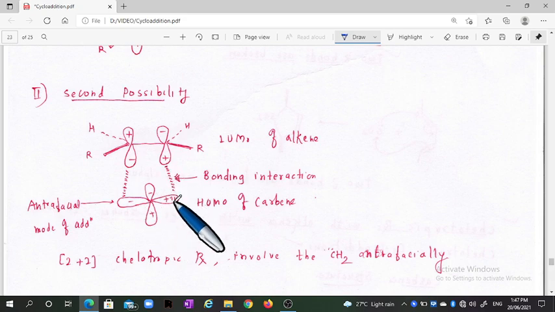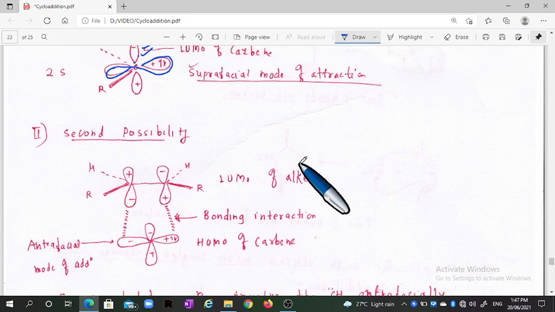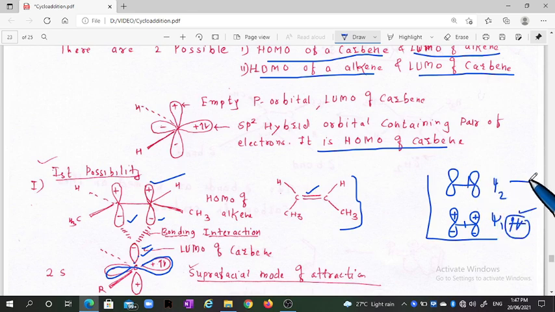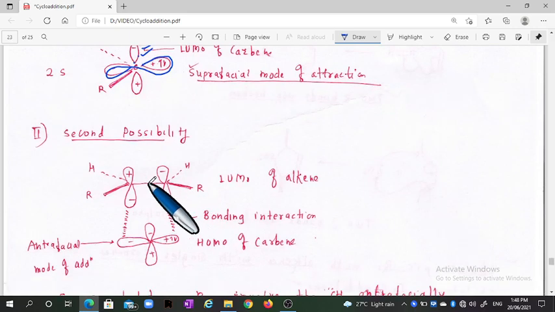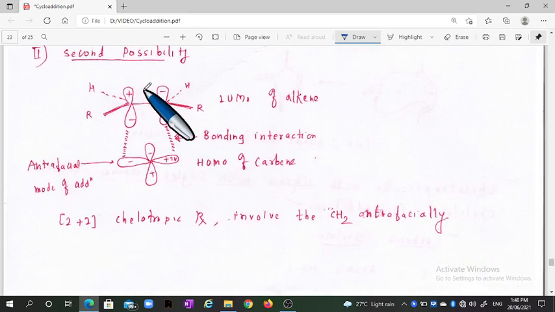Secondly, there is a possibility when we consider the LUMO of alkene. No electron is present in this case, and one node is there, therefore negative and positive. We have chosen this LUMO for the second possibility, and it is bonded to this.